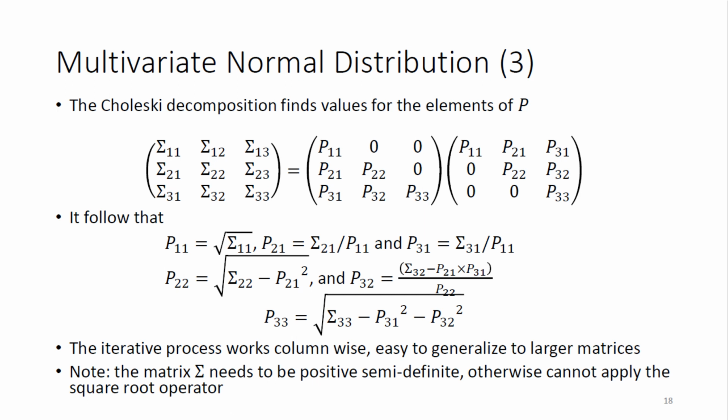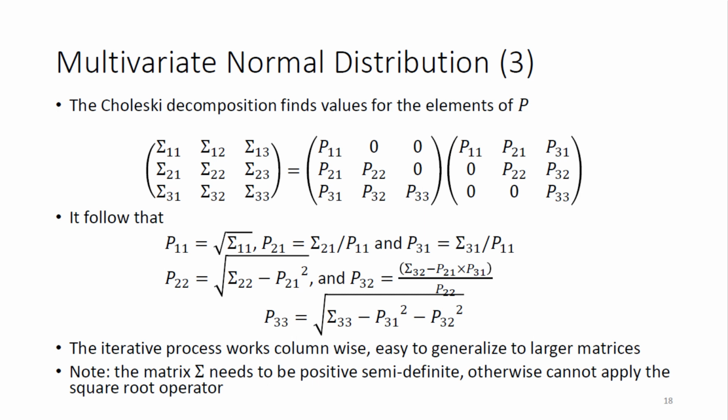Then the third element in the first column of the P matrix, P31, is simply the covariance element 31 divided again by P11. So you work column by column through this matrix, and only for the relevant non-zero P elements.